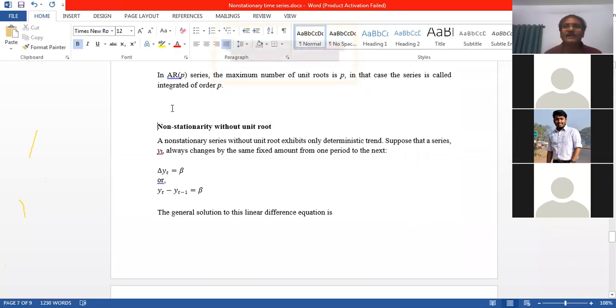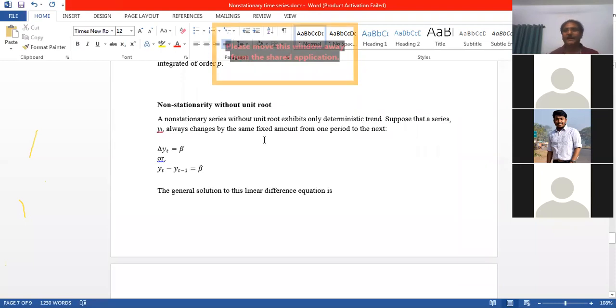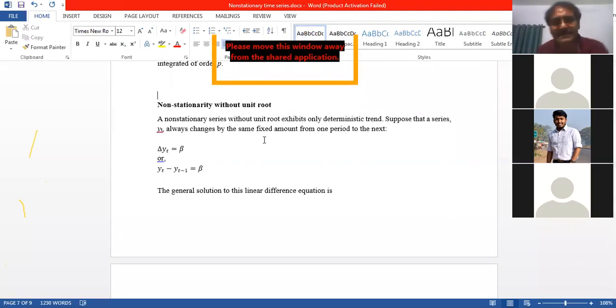So non-stationary without unit root. Just try to remember our initial points. Initially, we mentioned non-stationarity means trend in mean, or trend in variance, or trend in both.